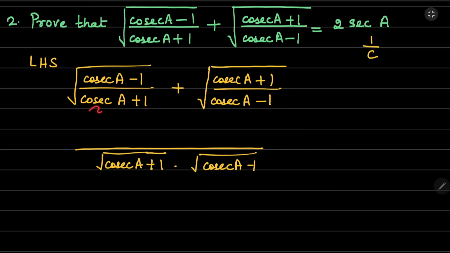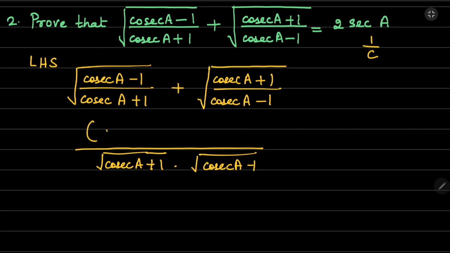So root of (cosec A plus 1) multiplied by what value would give you root of (cosec A plus 1) into root of (cosec A minus 1)? You have to multiply with this. So multiply this numerator with this term. What would you get?